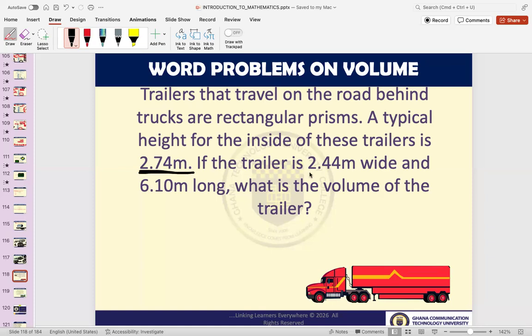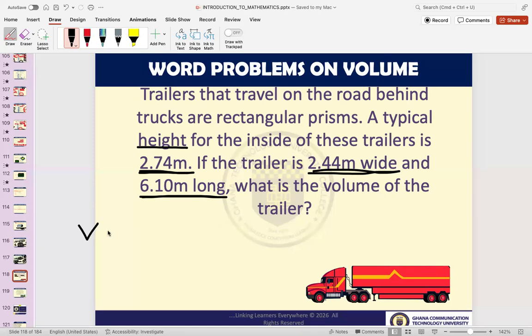If the trailer is 2.44 meters wide and 6.10 meters long, so look at the dimensions, what is the volume of the trailer?